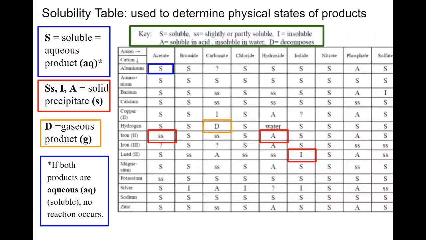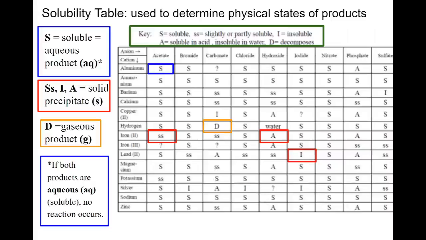Now there are a few other things here. In my first red box, I have SS. SS stands for slightly soluble. If something is slightly soluble, a little bit of it has dissolved. But more importantly, some of it has not dissolved.